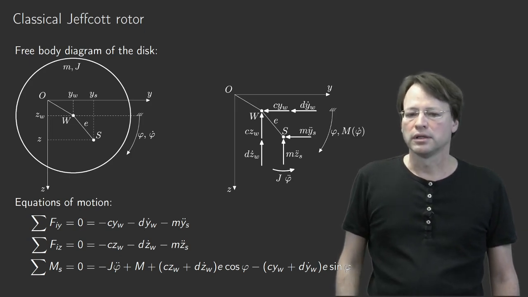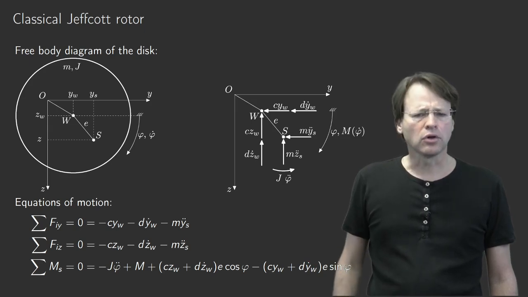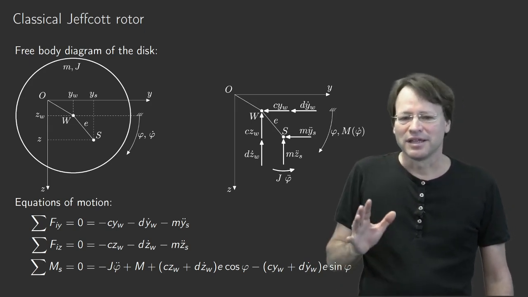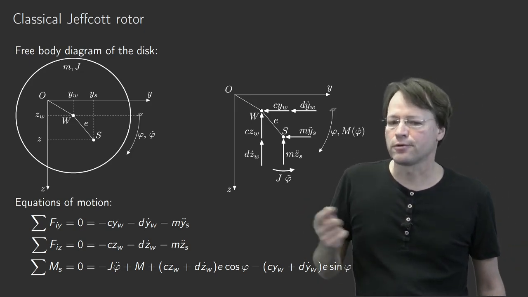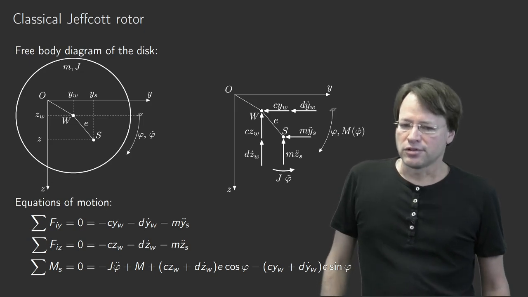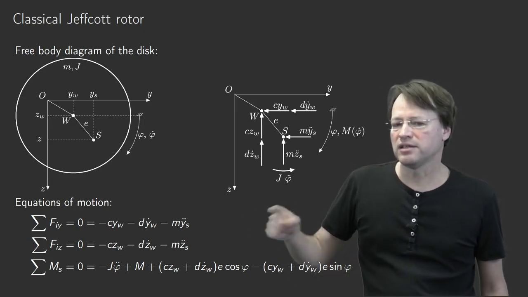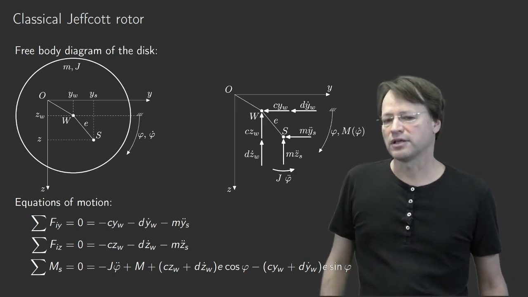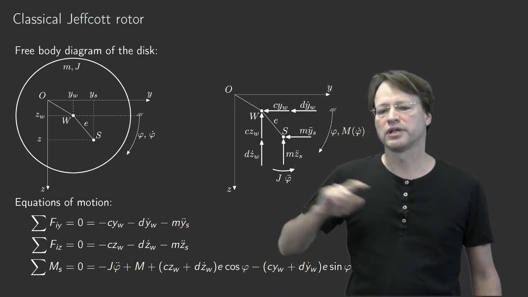And now the question is, are we now at the end of that video or not? No. This will be a quite lengthy video, and we have just done the first steps. First of all, the way these equations of motion are written here is not satisfactory at all. Why? Because we have two different sets of coordinates.